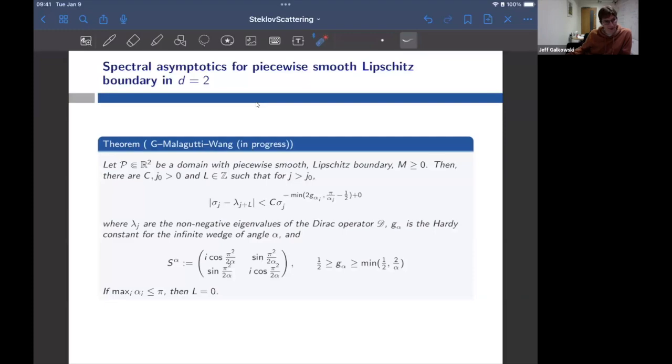So we went in the case that the angles are less than or equal to pi, we also can get this relatively cheaply. But I haven't thought seriously about what happens when the angles are bigger than pi. I know that those folks worked extremely hard to get rid of this L, but I was happy to get anything.